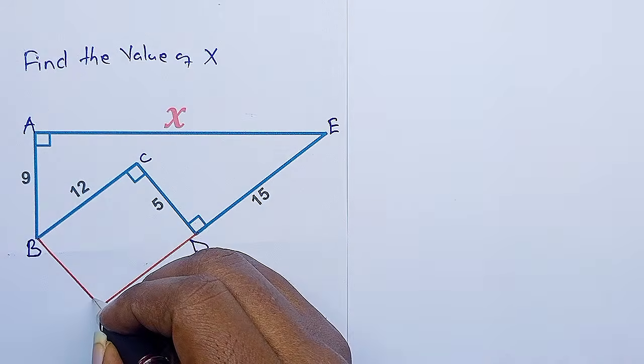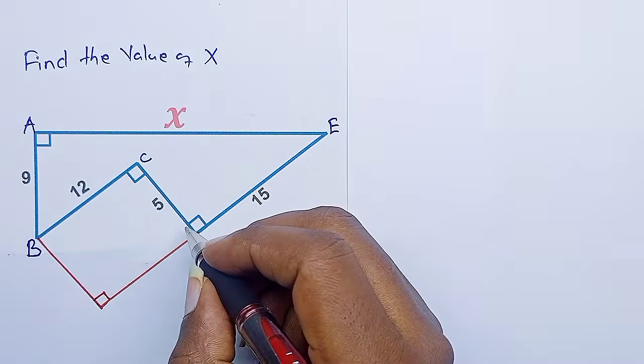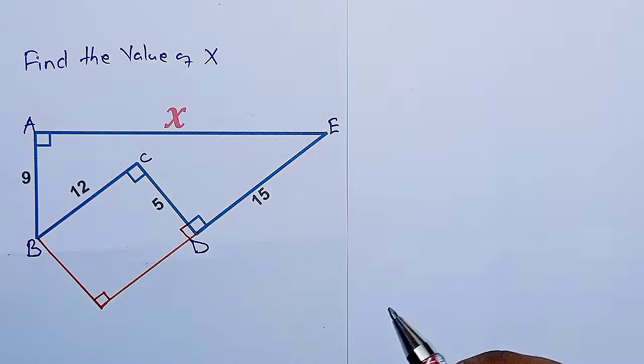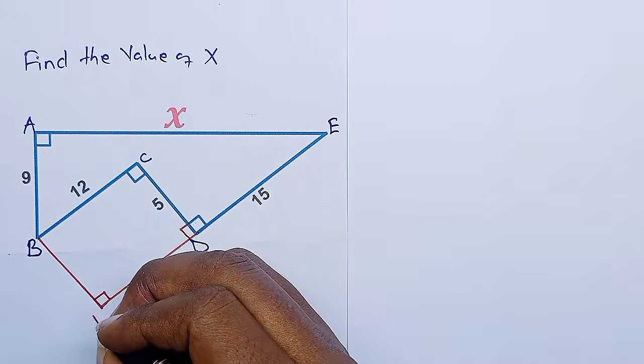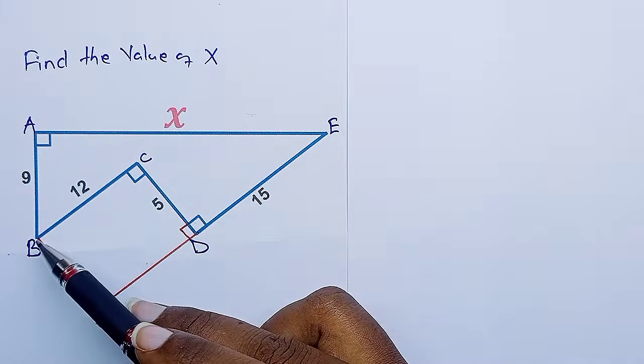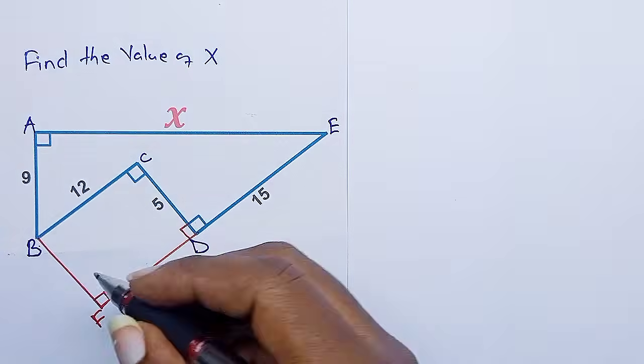So this is 90 degrees. Since this is 90 degrees, this is also 90 degrees since we extended this line straight downwards. So let me call this point F. Now, as you can see, we come up with a rectangle BCDF, okay?